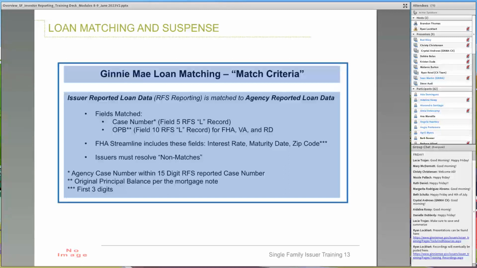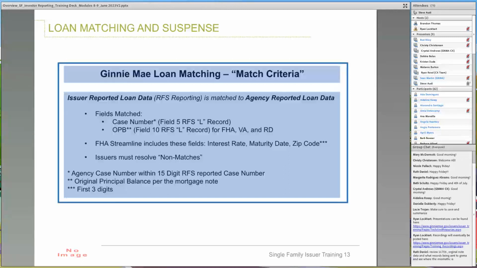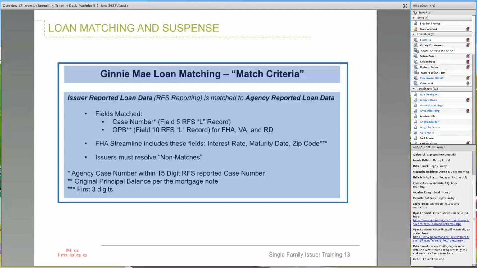Okay, I see a few people are typing. Review the 11706 original note and what records are being sent to Ginnie Mae and see where the mismatch is. Thank you, Ruth. Very good. Okay, Deb, thank you for that. Haven't had any. Okay. Great.